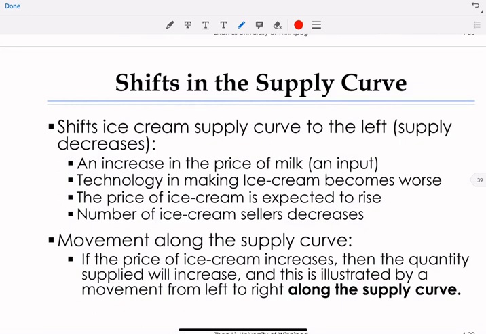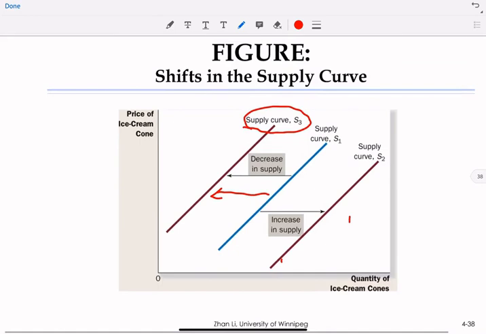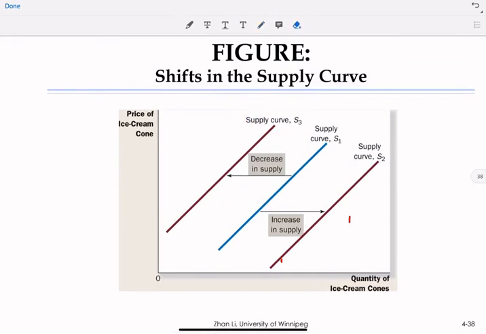Okay, the first one is an increase in the price of milk. So this is the change in the input price, right? In this case, it means that input becomes more expensive. So as a seller, you will want to charge a higher price. This implies your supply will decrease.